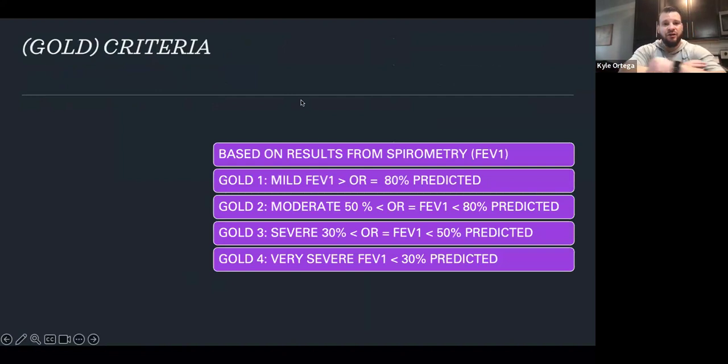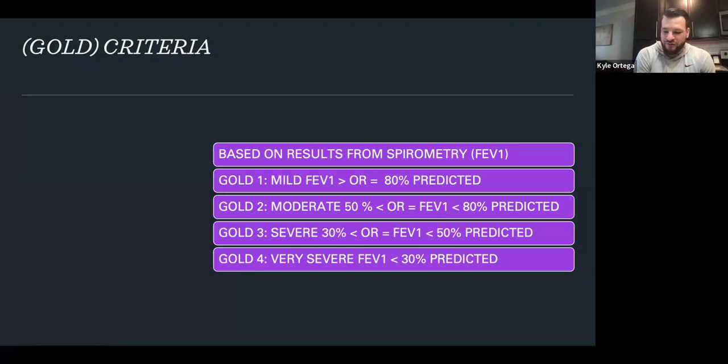And here it is. So our GOLD criteria, based on results from spirometry. GOLD 1, mild, it's pretty much 80% or greater. Moderate, GOLD 2, pretty much 50% to 79%, so less than 80%. The slide looks a little funny just because I'm not able to put that greater than, less than sign, so I had to put less than or equal to, but I'm trying to explain it normally.